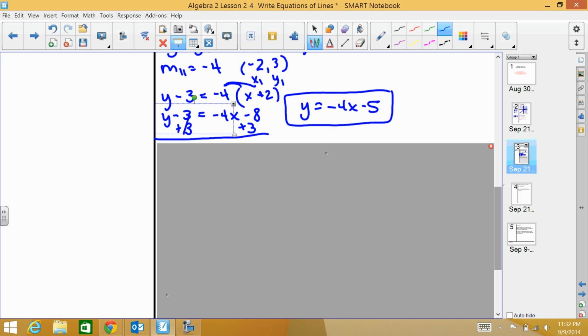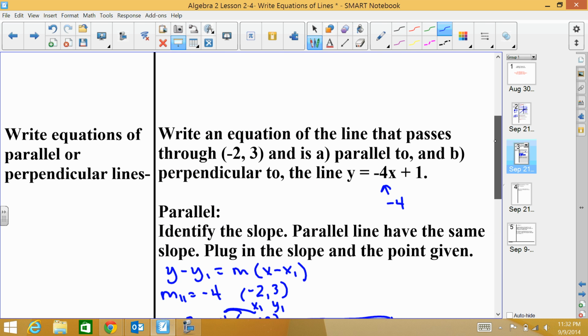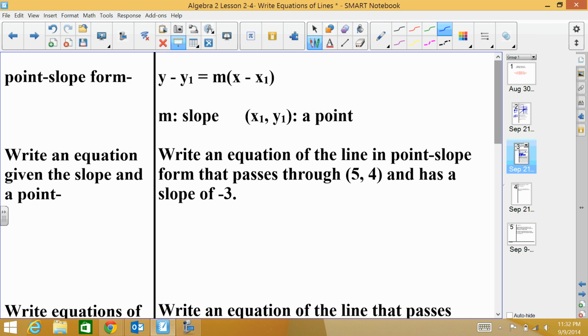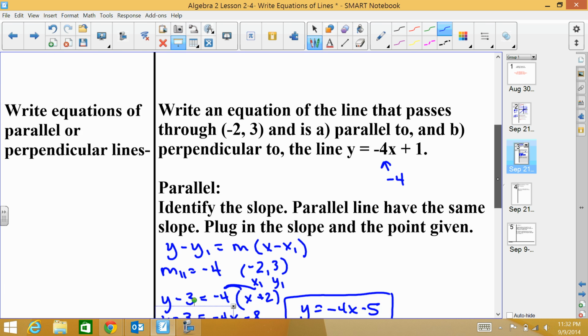However, you will need to memorize all 3 forms that we're talking about today for the test. So you will need to know slope-intercept form, y equals mx plus b. You will also need to know point-slope form, which is this formula right here that we just talked about. So you need to make sure that you know all of these for the test, regardless of which way you choose.